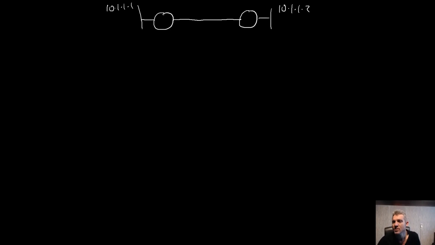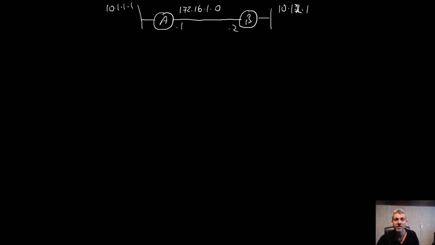I'm lying to you. 10.1.2.1, yeah. Okay, so I wonder why that is doing that. Anyway, 10.1.2.1. Okay, and what we've got here is 172.16.1.1 and .2, and this is router A and router B.